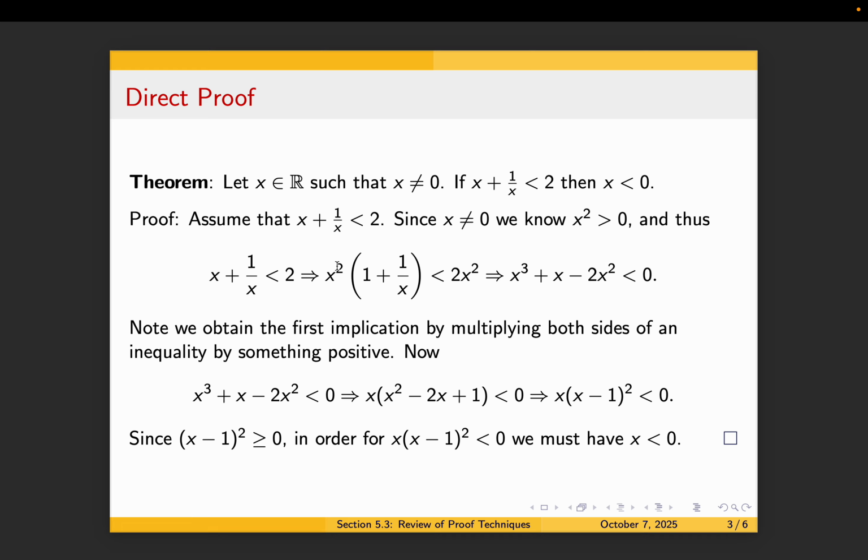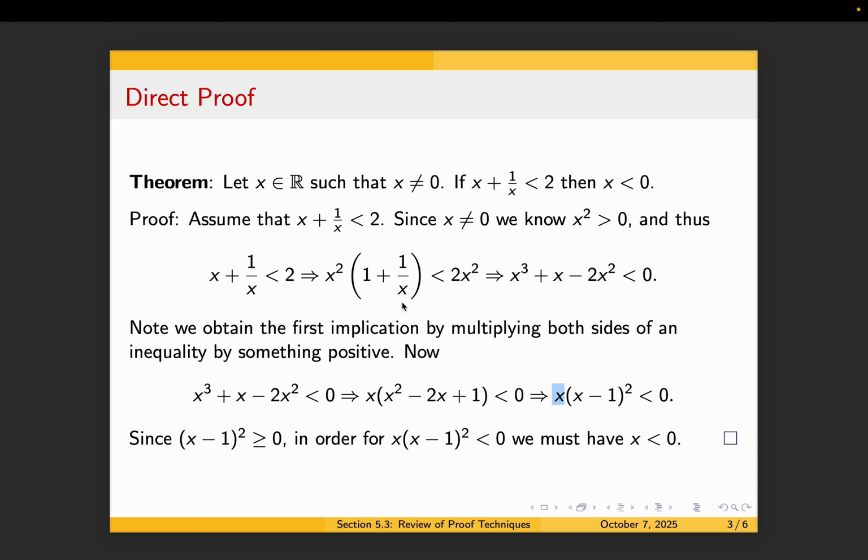So maybe you multiply both sides by x instead of x squared. If you multiply both sides of the inequality by x, at least you get rid of this 1 over x, and then you would have x squared plus x is less than 2. And so maybe you could prove that x squared plus x is less than 2. But if you slap an x squared on here, and then you're allowed to factor out an x, that's better because you really want to learn something about x itself.